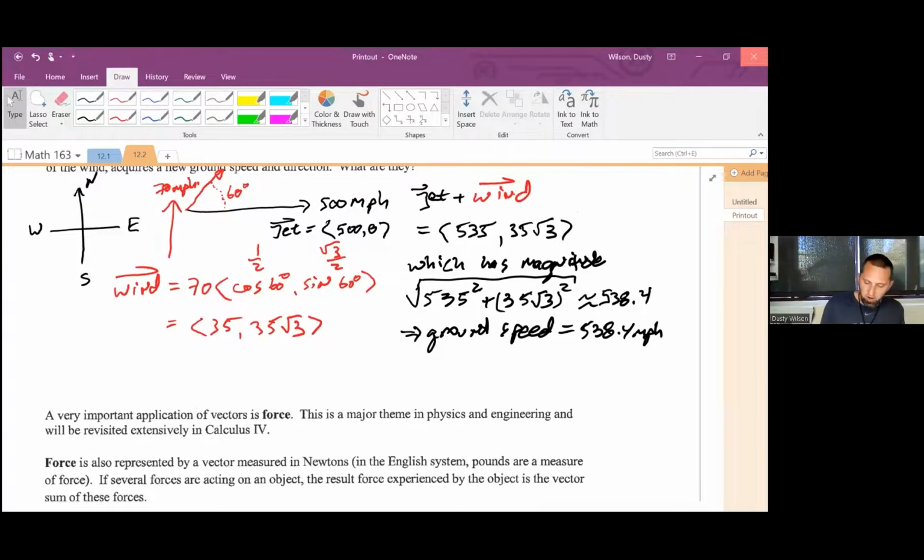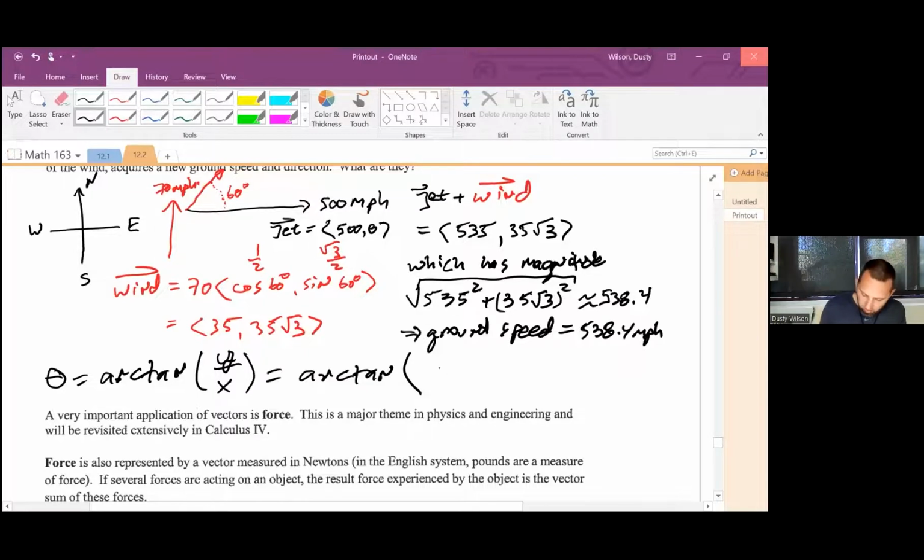To find the angle or the direction, we can simply use our arctangent. So our arctangent of the opposite, the y, over the x, the adjacent, which would be arctangent of 35√3 over 535, which, double checking to make sure I'm in degrees mode, is, let's see, 35√3 divided by 535 is about 6.5.